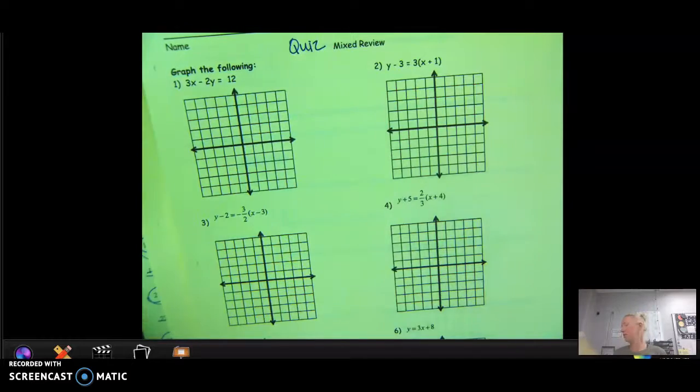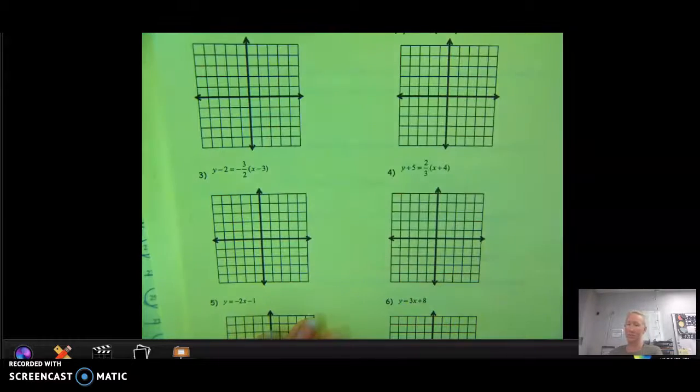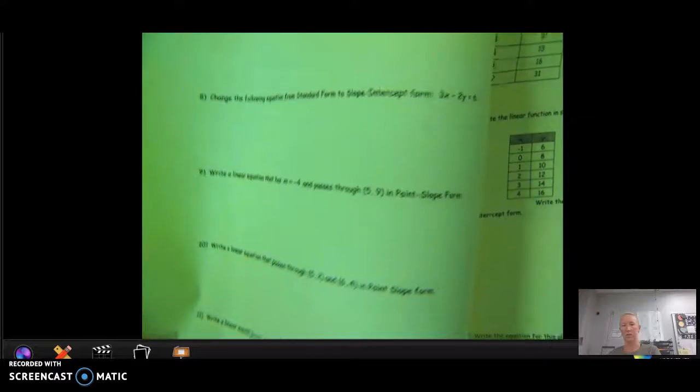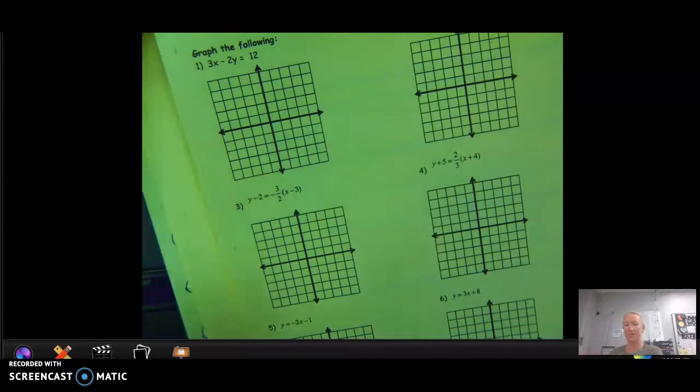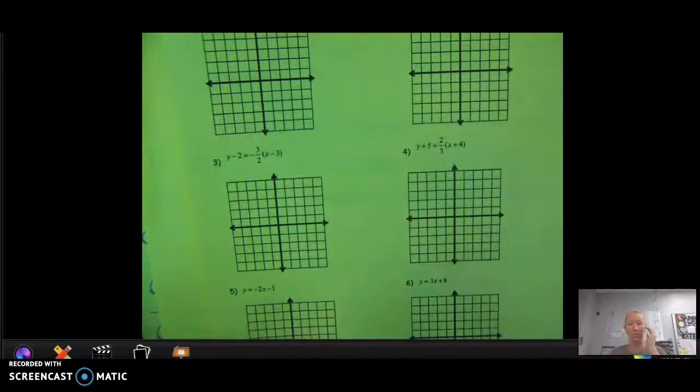What you're going to do then is this page, this, and this. Essentially the next 4 pages, front, back, front, back. That is your quiz review.